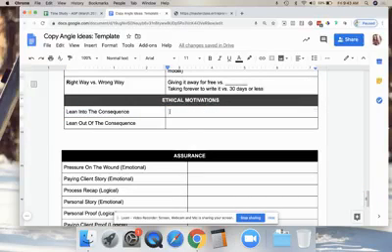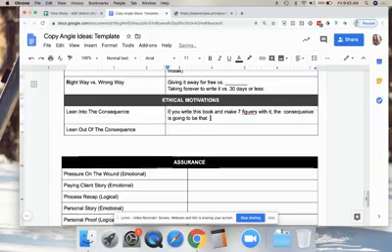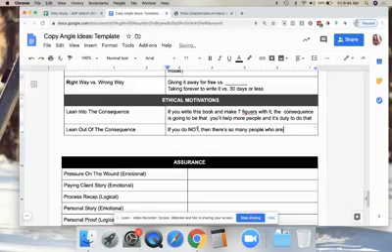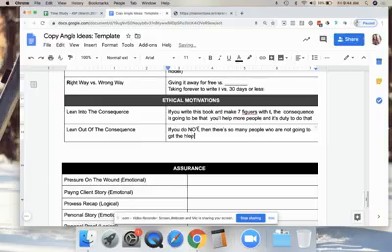So if you write this book and make 7 figures with it, the consequence is that you'll help more people, and it's your duty to do that. If you do not, then there are so many people who are not going to get the help that they need. So you're robbing them of that.